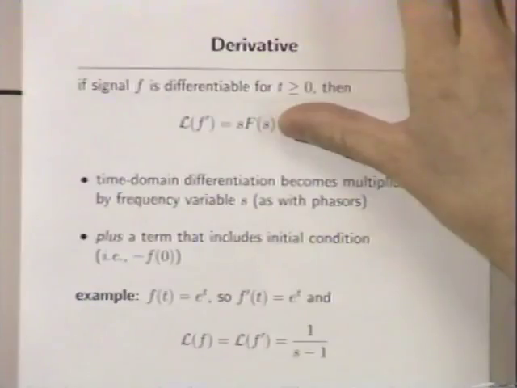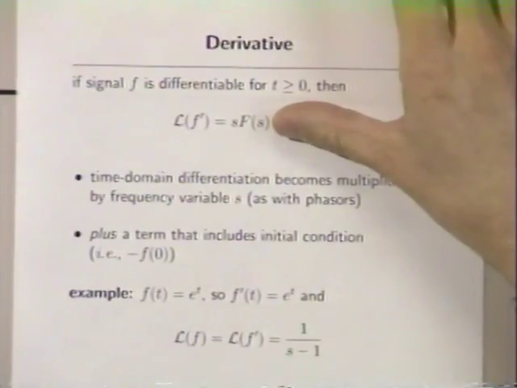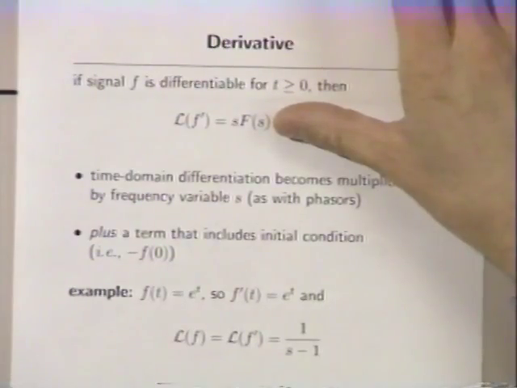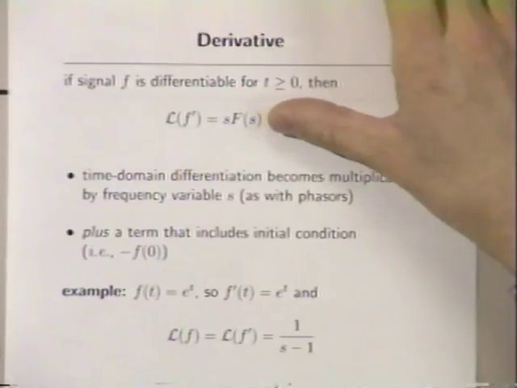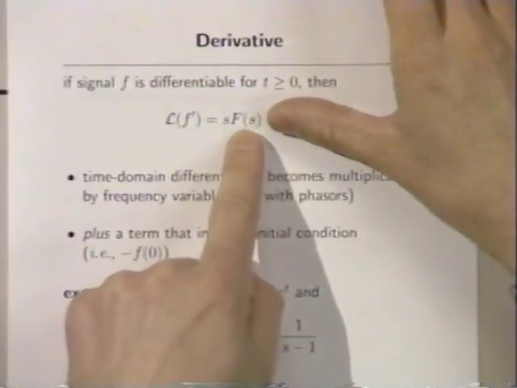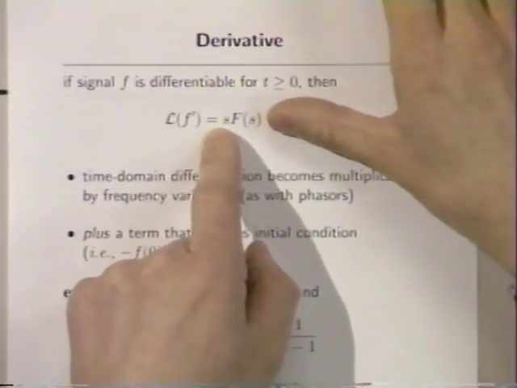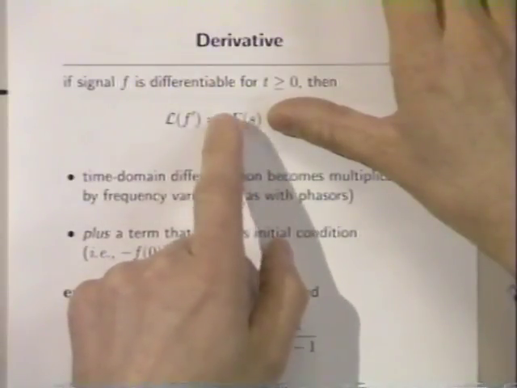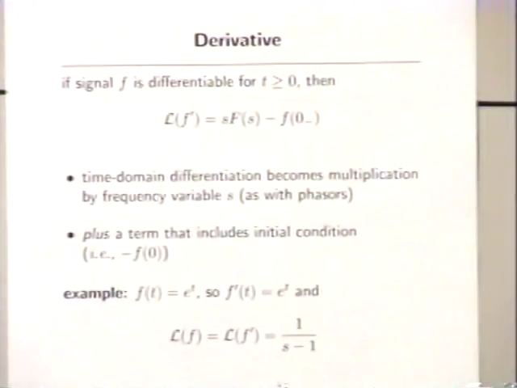It says that when you take the derivative of a signal, in the Laplace transform domain, or in the frequency domain, as people would express this in informal terms, you are multiplying by the frequency variable. That's what you're doing. Okay? That's the idea. Now, there's this other term here, and it's also really important.